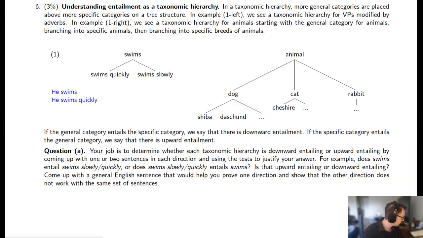And then for the dog example on the right, like it is an animal, it is a dog, it is a Shiba. If you did something more complicated, that's fine, but this is really all you needed to do to get an answer to this question. And for both of these ones, it was upward entailment.